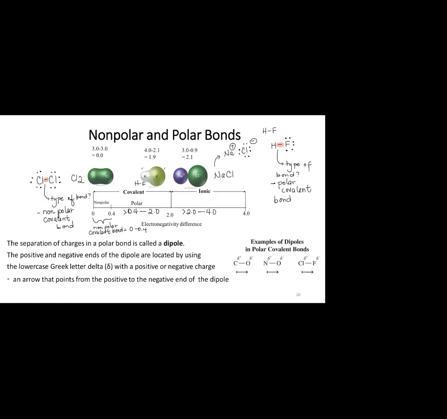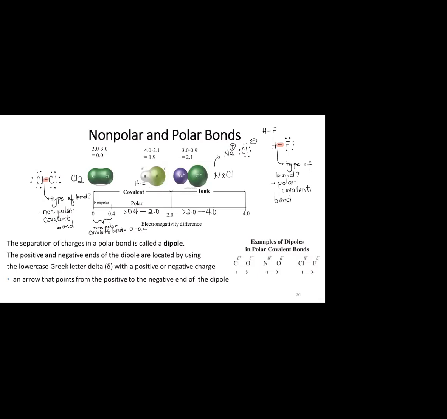Now, in polar covalent bonds, we can actually use symbols to illustrate that difference in electronegativity between the two atoms, okay? So we can see here some examples of polar covalent bonds and the different notations that we can use to symbolize the dipoles that they have.